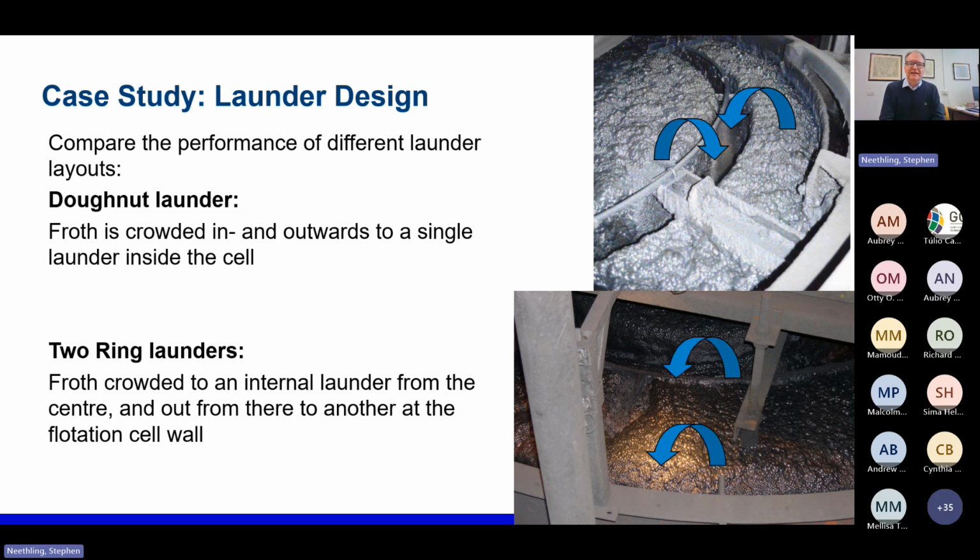And two common types of designs are either to have what's known as a donut launder. Basically, you're having your froth crowded either from the outer wall of the cell or from the inside of the cell towards a central launder, or you have a ring launder. So essentially, here the froth is crowded outwards in both halves of the cell.